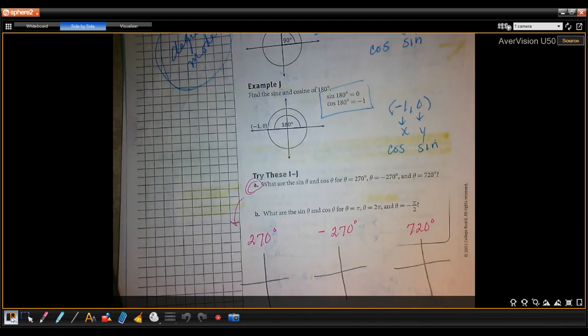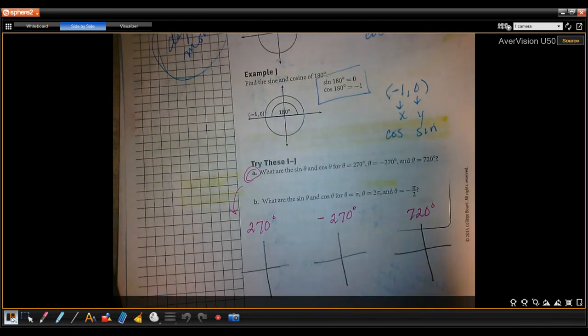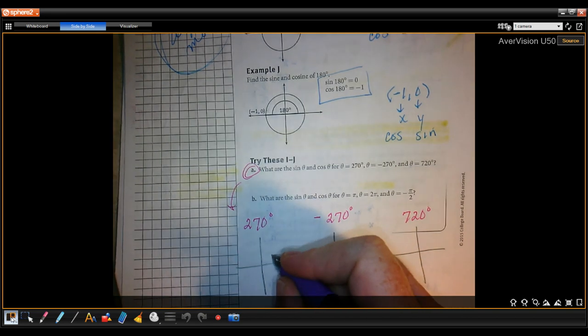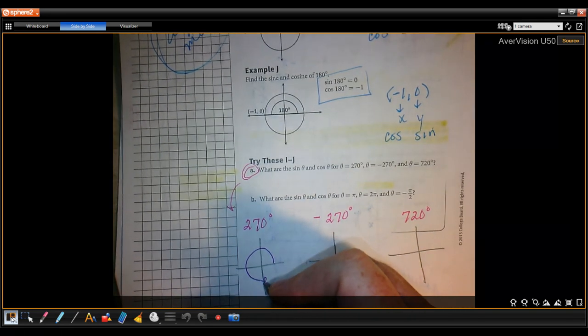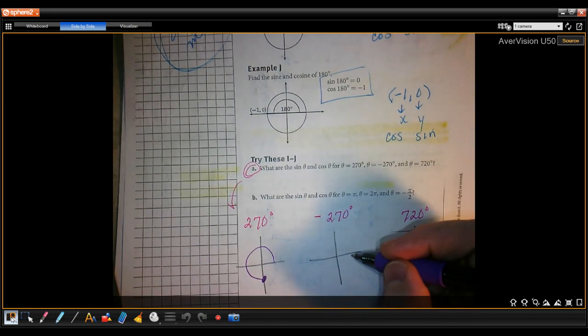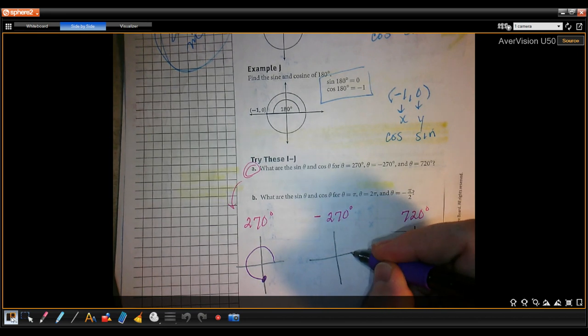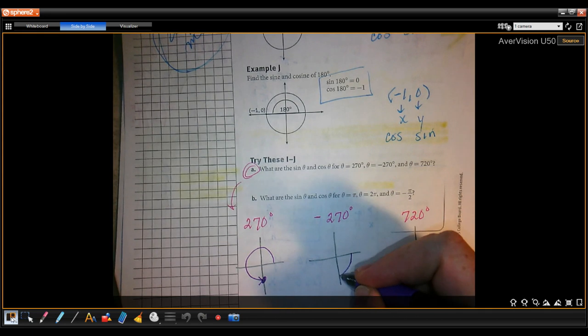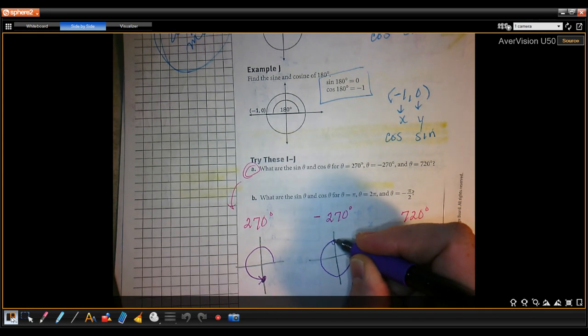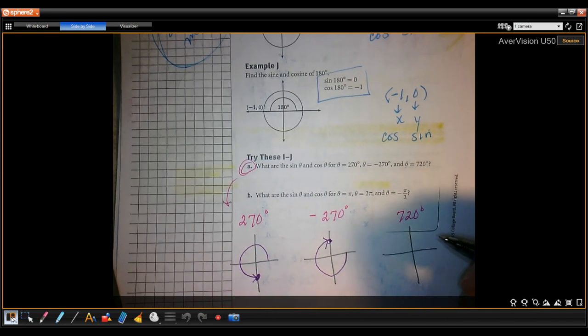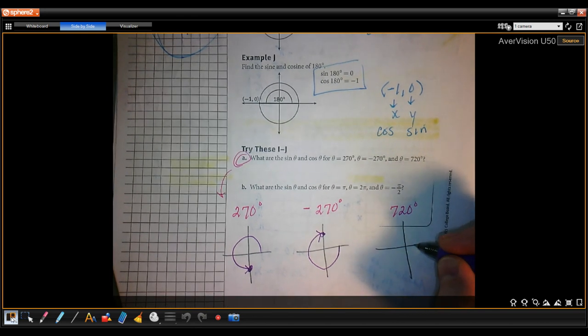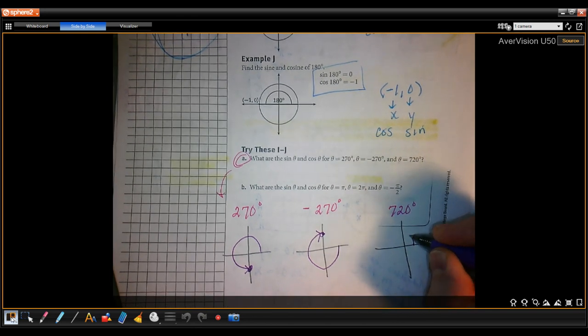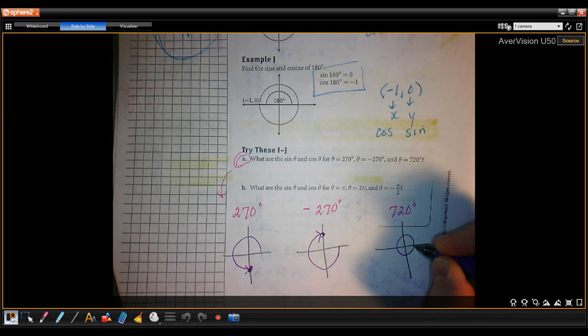Okay, so then let's finish up. Hopefully you've come back. Okay, so 270 is here. 90, 180, 270. Then here, negative, I'm going to go this direction, right? Let's draw an arrow. 90, 180, negative 270. Okay, this one is what? So it's going to be 360.